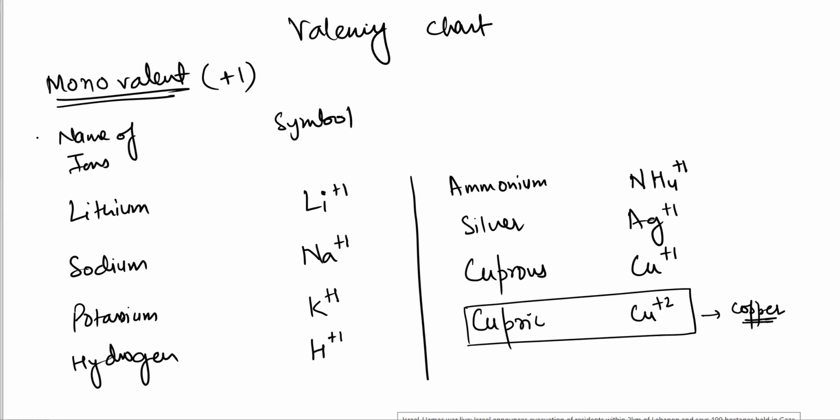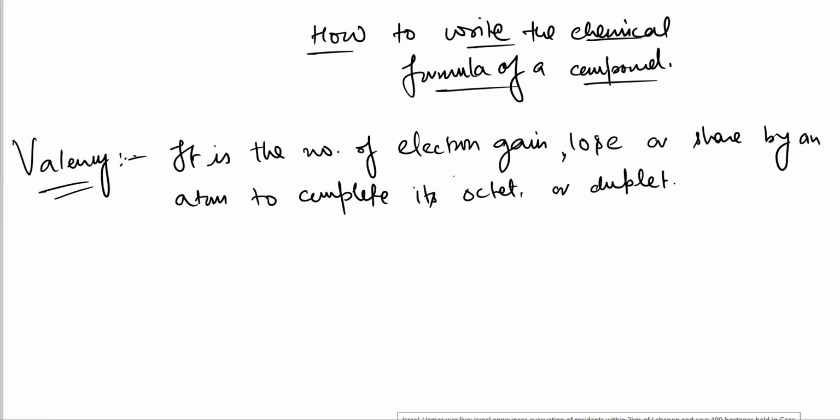So now let's see how to write the formula. Coming to the point of how to write the chemical formula of a compound. When we are writing the chemical formula of a compound, we need to write the positive valency first and then the negative valency.